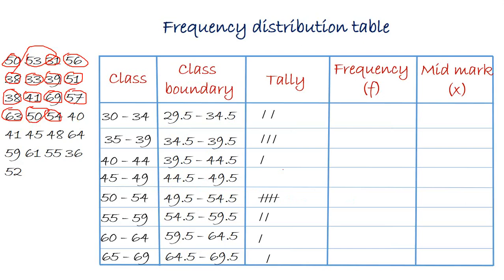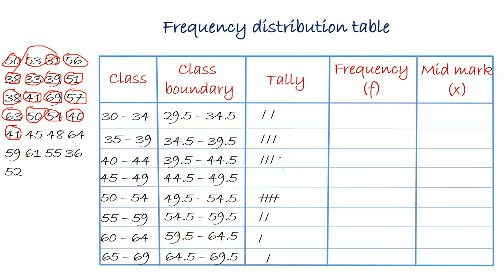And then we go to the next. That is 40. 40 is in the class of 40 to 44. Put it here. Then the next is 41. 41 is in the class of 40 to 44, so we shall still put it there.